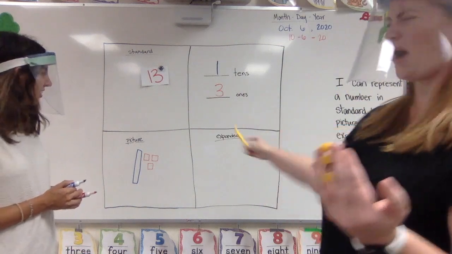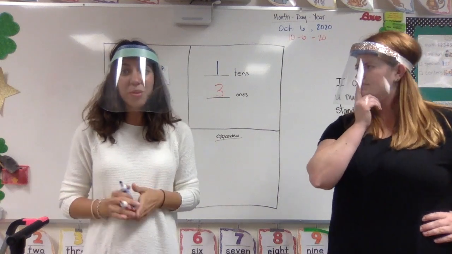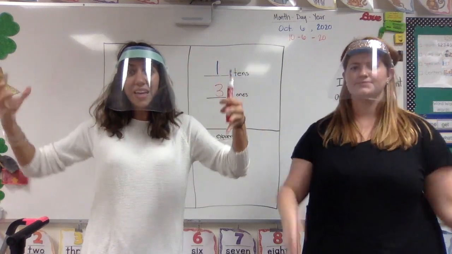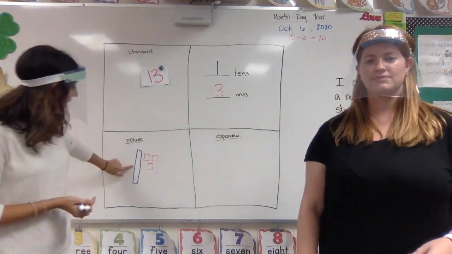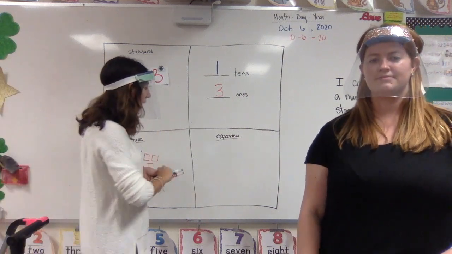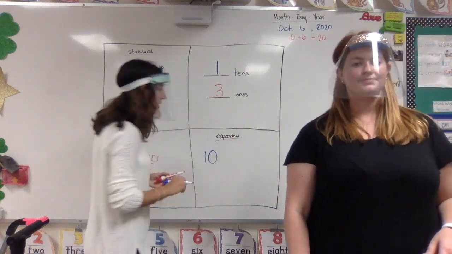What's this last box, Miss Lestico? Expanded form. So I remember this is the one that we've been talking about where you grow the number or expand it to make it bigger. So I have to take how much this 10 is worth. So I know that 1 ten block is worth 10 tiny little cubes.